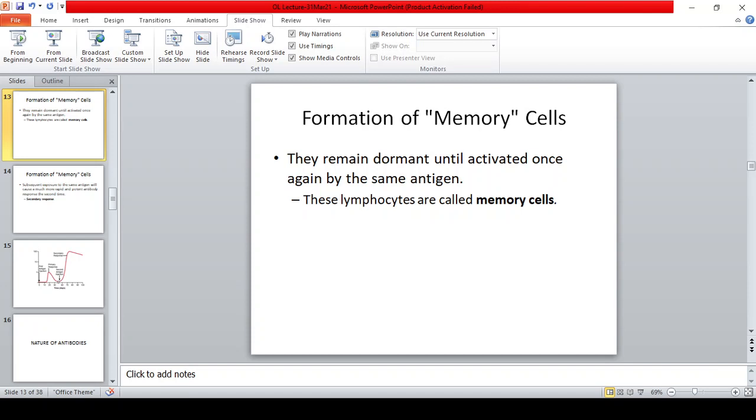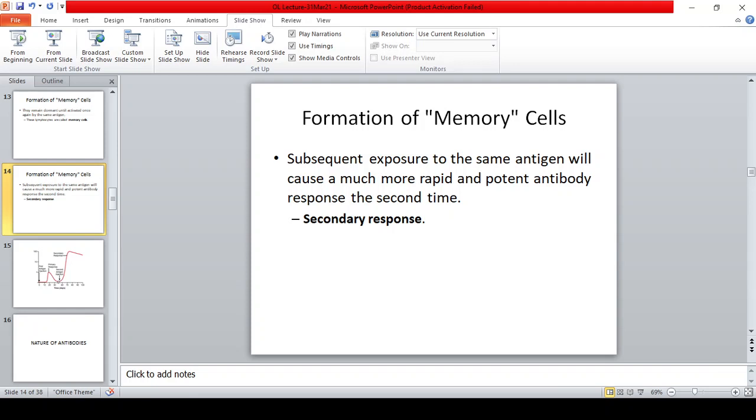These B lymphocytes are called the memory cells. And when there is subsequent exposure to the same antigen, this will cause a much more rapid and potent antibody response the second time.